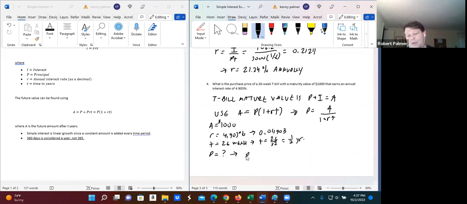And so P is going to be A, which is $1,000, over 1 plus R, which is 0.04903, times T, which is 1/2. Okay. So I'm going to put all that in my calculator and we'll see what we get. And since this is a dollar amount, round to the nearest cent.